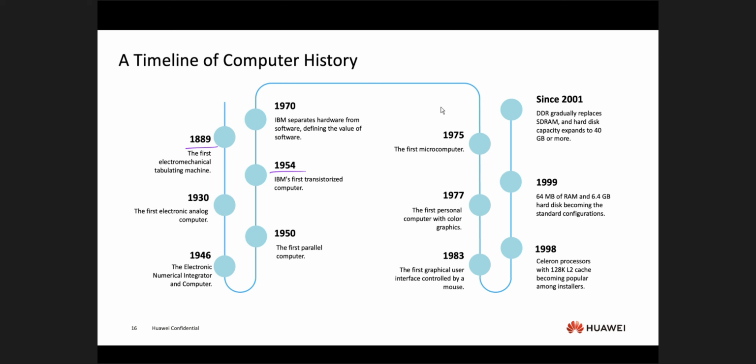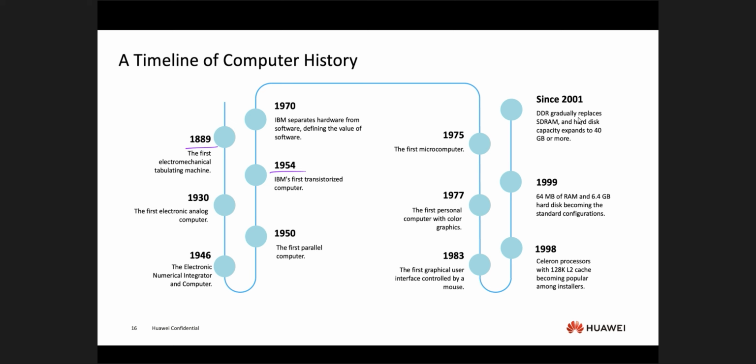Then moving on, we got to the first computer with color graphics. I think that was an Apple. And then we moved on further till we got to really looking at how we can use memory better for us, right? Looking at DDR that replaced SD-RAM, expanding the hard drive capacity.